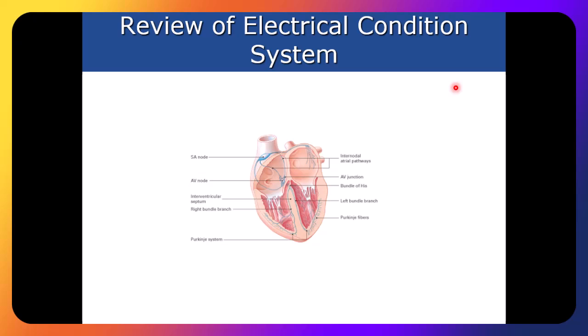Okay. Now let me ask you another question here, because you guys are obviously very smart people. If we have a retrograde P wave or a retrograde impulse that starts here and goes back this way, what impact is that going to have on the contractility of the atria? Aren't they going to be contracting almost at the same time?